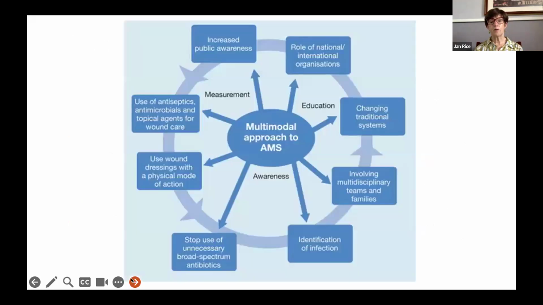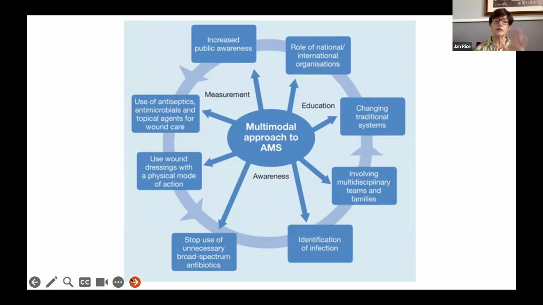So this is, I think, from that same document, a multimodal approach to the various antiseptics and antimicrobials that are out there, and looking at the wounds.